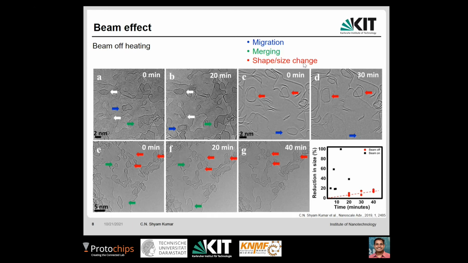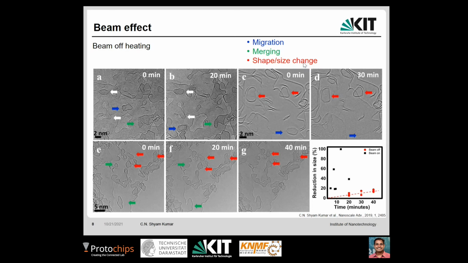And as you can see, all these dynamics that we observed during the beam on condition were also observed during the beam off condition, and it also shows the stability of this MEMS based heating chip from Protochips. You can see it's easy to find the same area after this time of continuous heating.